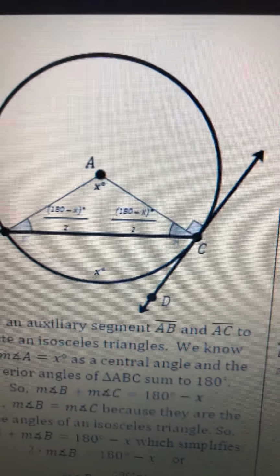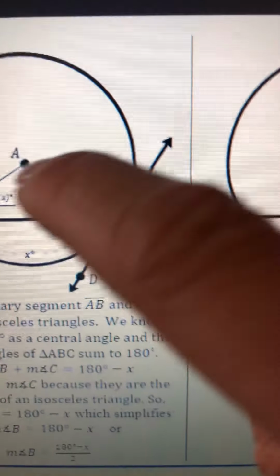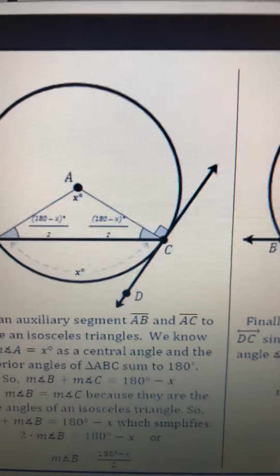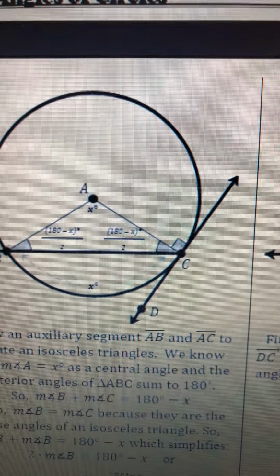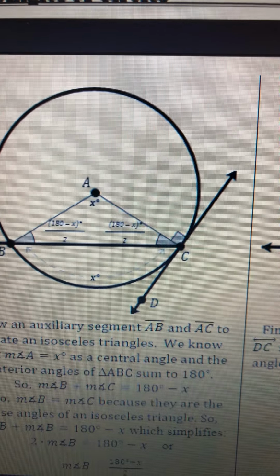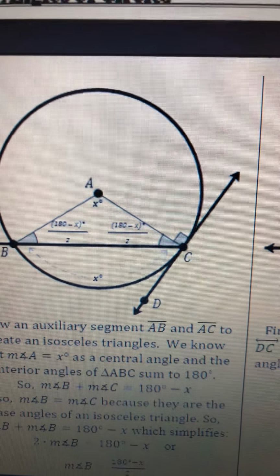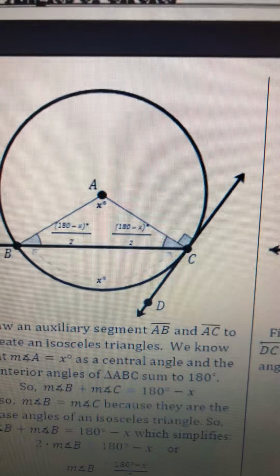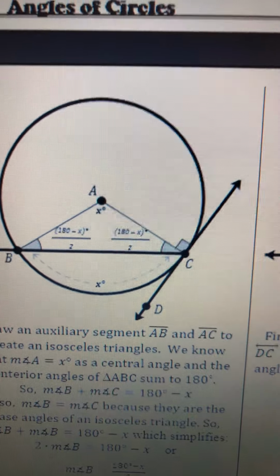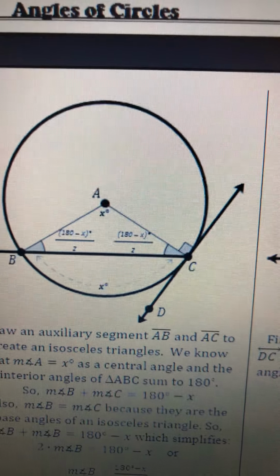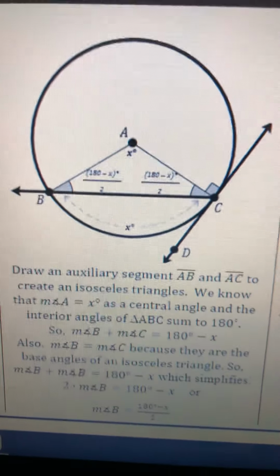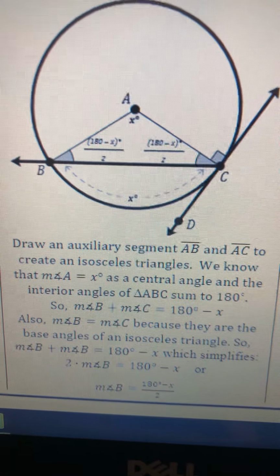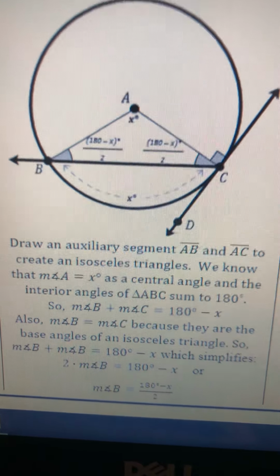For instance, if my central angle x right here were 100, we would say 180 minus 100, which is 80, and that means we have 80 degrees to disperse between angle ABC and angle ACB. So 80 divided by 2, and angle B and angle C would both be 40 in this case. But we don't know what that is, but this is how we can determine how to go about getting these angles.